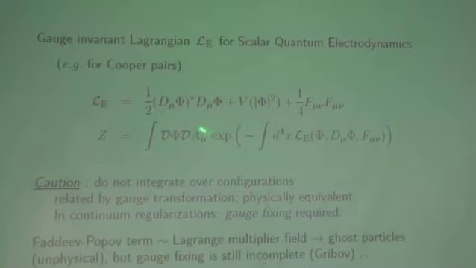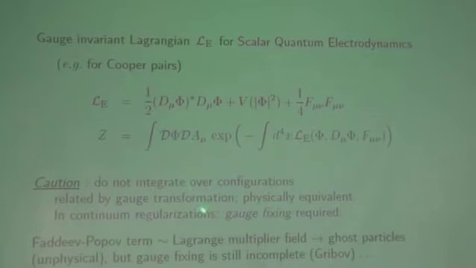But then I write here symbolically also the same over all gauge configurations, and here the problem begins, because we have a lot of configurations which are actually equivalent, because they are related by gauge transformations. So they are not really different, they are physically the same. So this functional integral should only capture the configurations which are really different, and that is not easy to achieve.